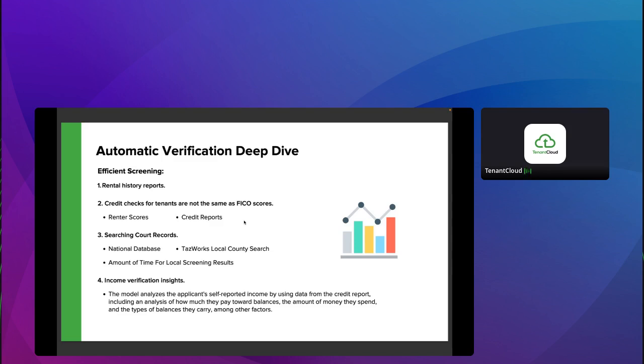And you have to be aware that when you use a more thorough screening product, sometimes it's just not going to be instant, especially when you're doing a local county search. Because what might happen is the local county search, like I explained a little bit ago, it might ping that, hey, something came up in this county, but we don't have the specifics. We're going to need to do a deeper dive and actually reach out to the courthouse, the county, whatever, to get this information.